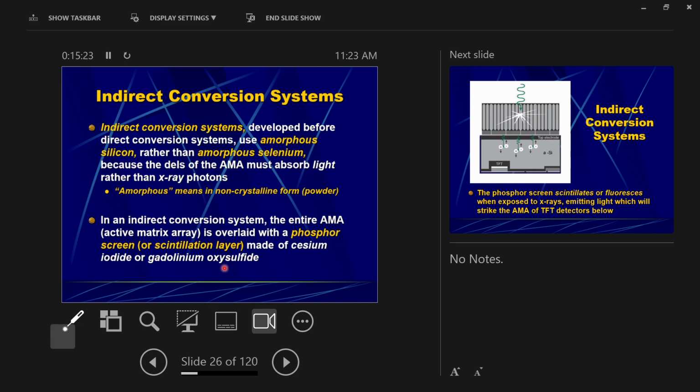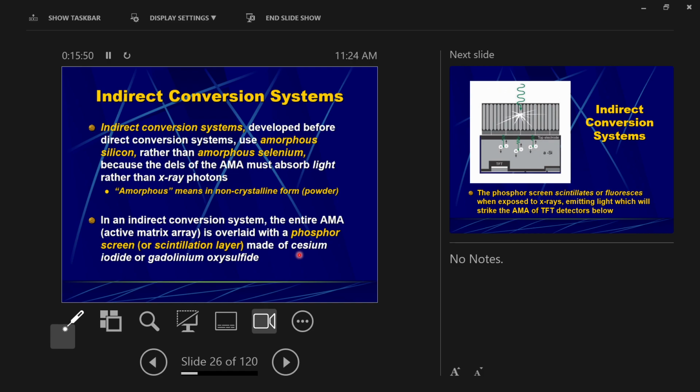This is indirect DR. For DR, the kind with the deck cells that we've been talking about, there's direct and indirect. Direct is easy: X-rays turn into electricity. That uses selenium, so the detector surface is made of selenium, and we convert X-rays directly to electricity.